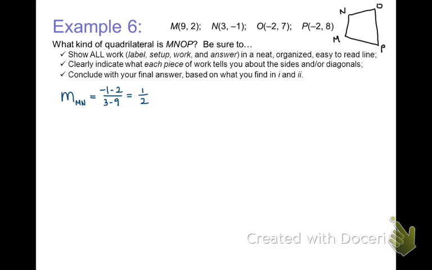Which slope do I want to compare to MN? OP. So you've got the slope of OP equals 8 minus 7 over negative 2 minus negative, which will be plus 2.